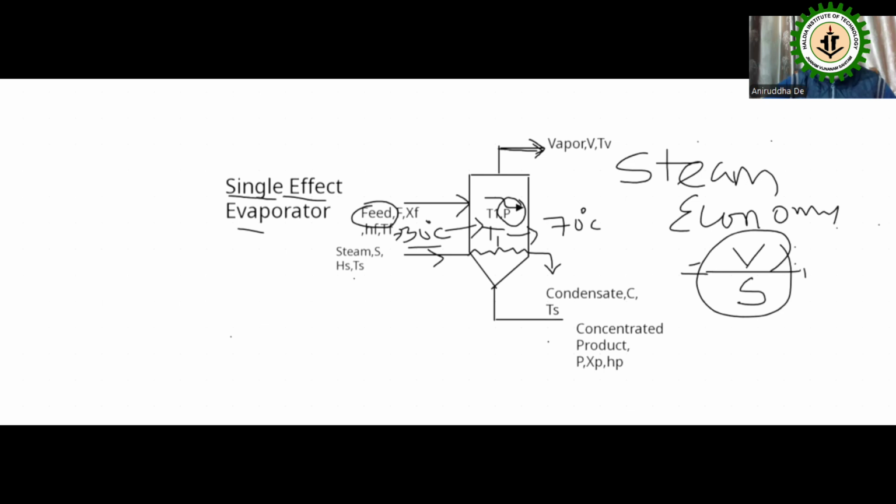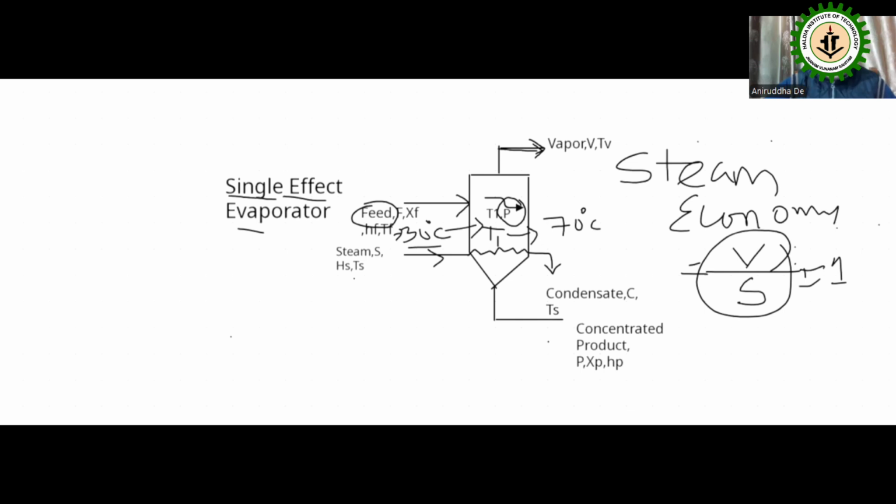But if it is less than 1, it means that by entering 1 kg of steam we can produce a larger amount of vapor, and then it will be better.